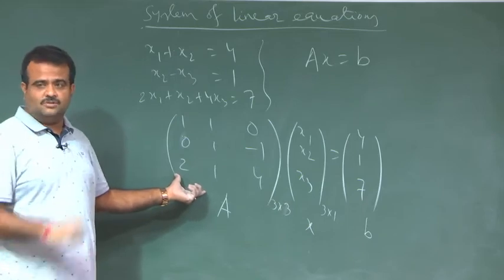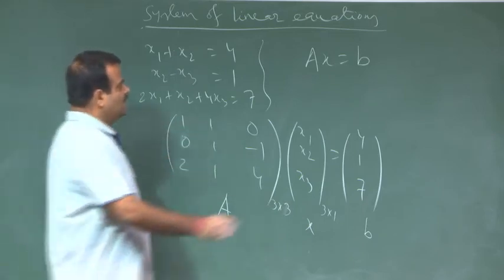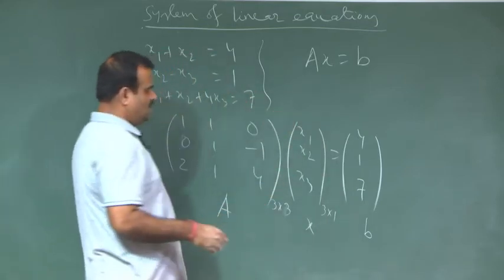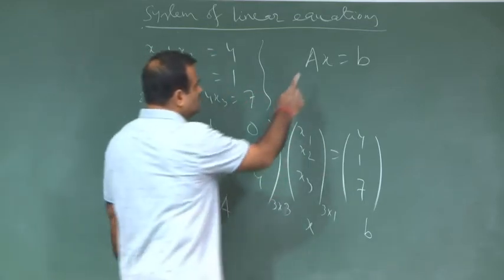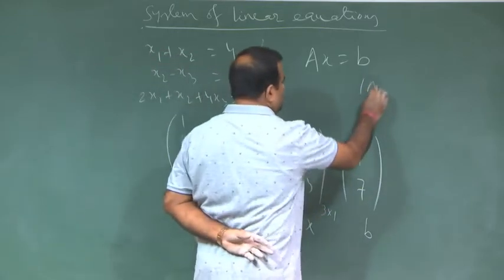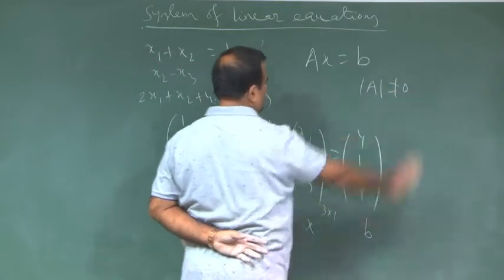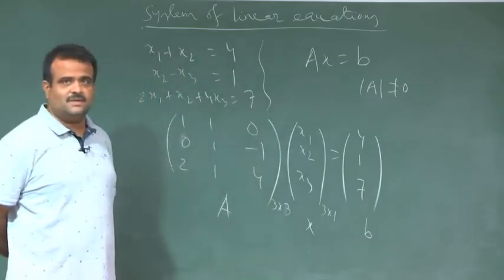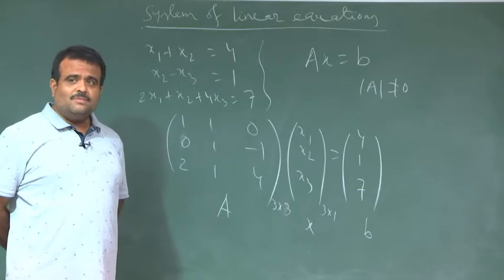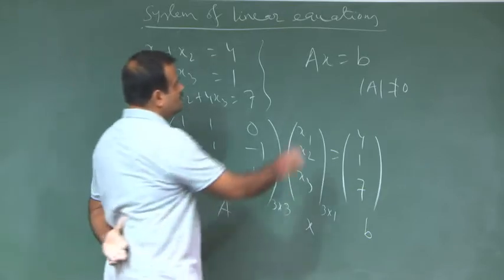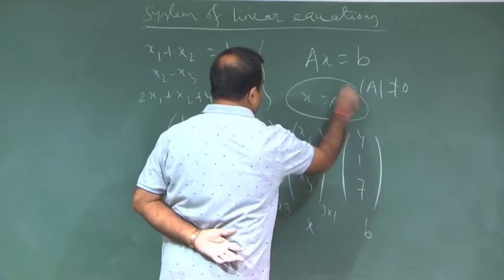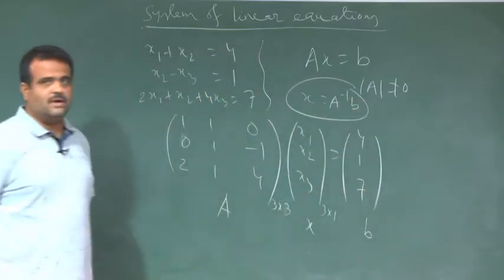Then we have a unique solution, and we multiply by A inverse, so x is A inverse b.